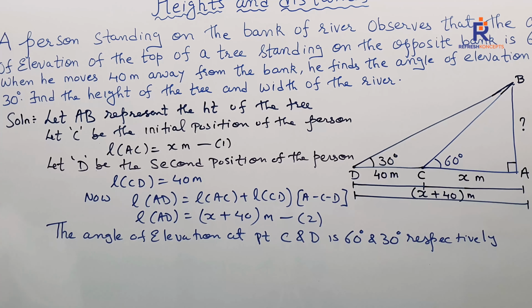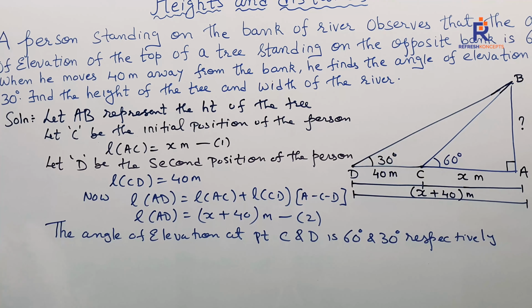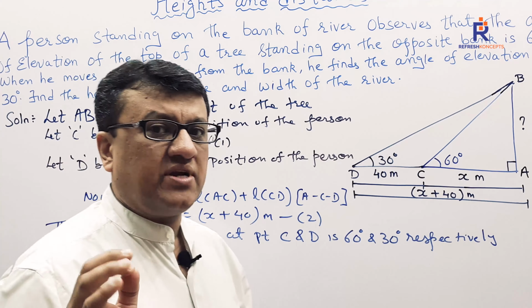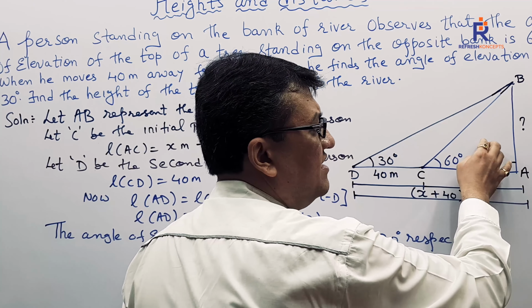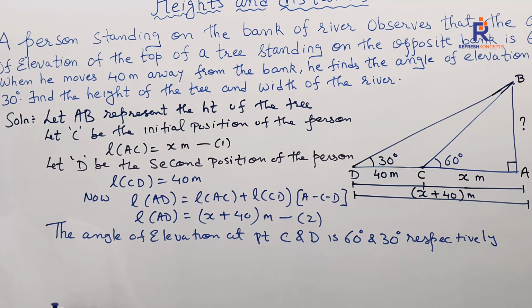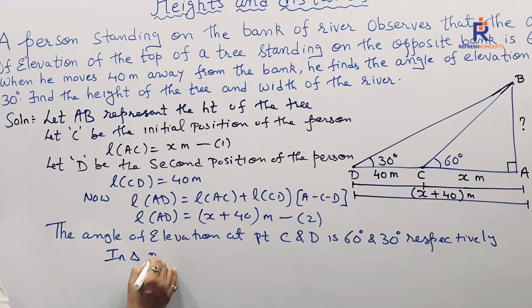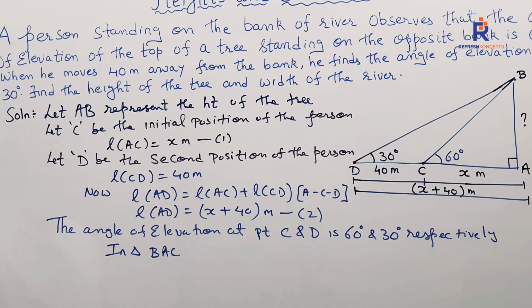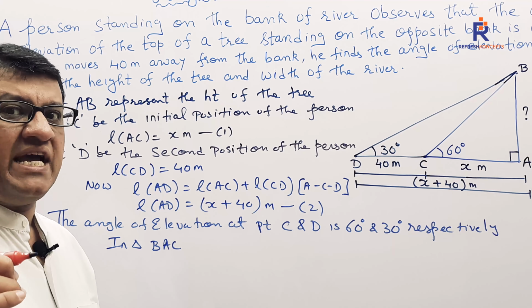So we now actually start with our sum. As I said, go into the right angle triangle and try to get the equation in terms of the common side. Which is the smaller right angle triangle? It's BAC. So we write our first answer: in triangle BAC, we ask which ratio to use, tan, sine or cos.